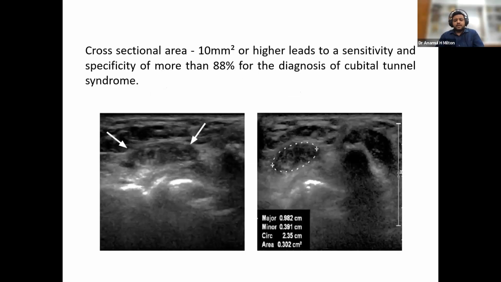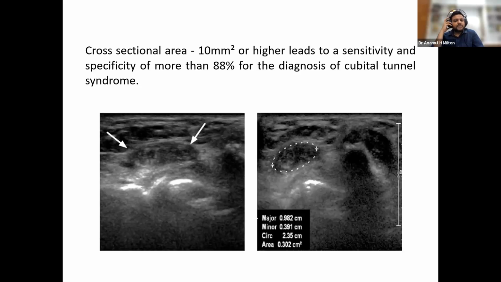Now, if the cross-sectional area is more than 10 millimeter square or higher, say the cross section is 12 millimeter square, the probability of cubital tunnel symptoms is higher.